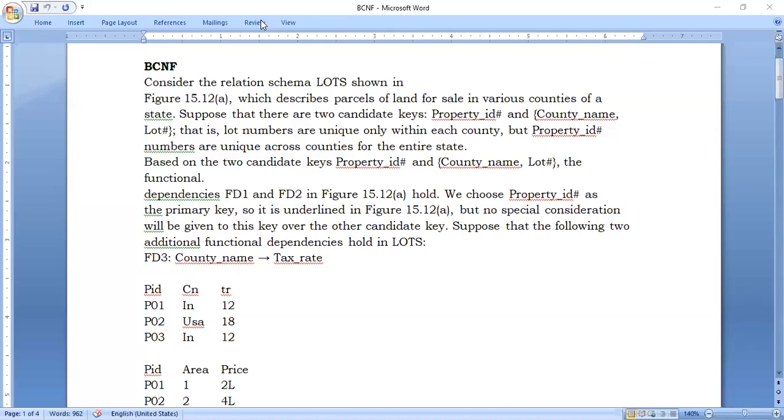So we have seen the example in the first normal form. We had seen the example of a department table wherein department locations was one attribute in which we had multiple values.